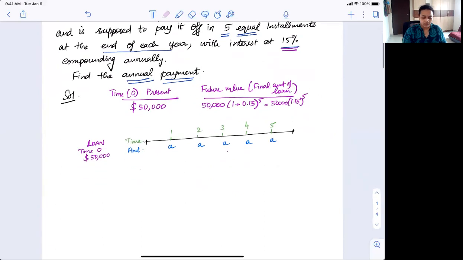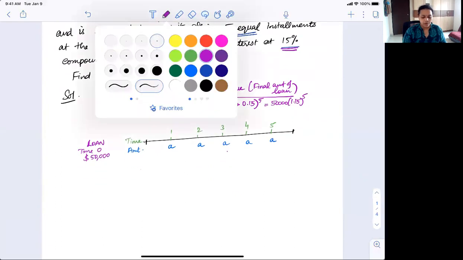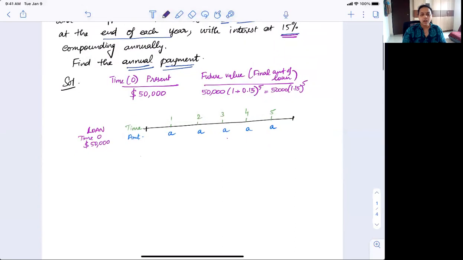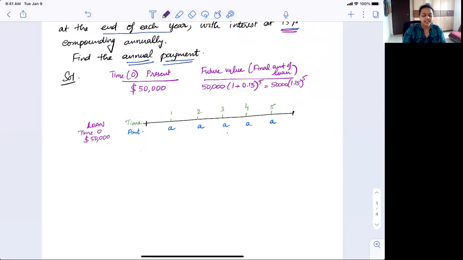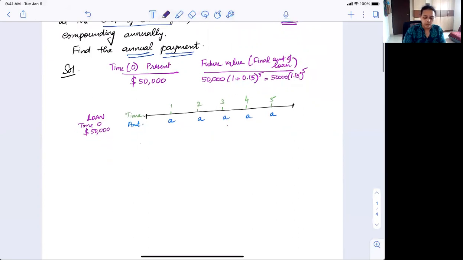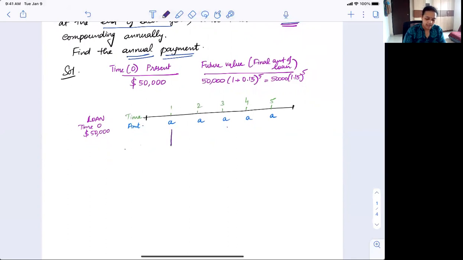All right. And we also know how to calculate the present value and the future value of an annuity. Now, let's write out what the present value of this annuity is going to be. If I want to pay $A in the future, 1 year from now, how much money should I invest right now? I'll do it in a different color.